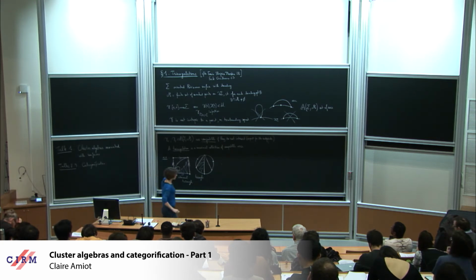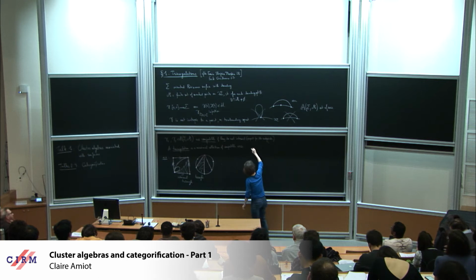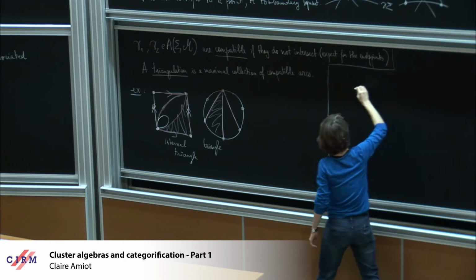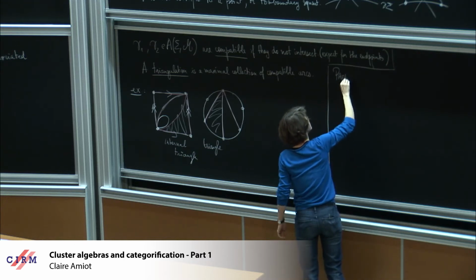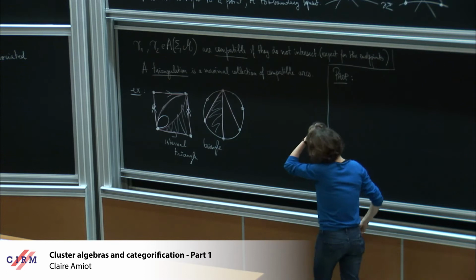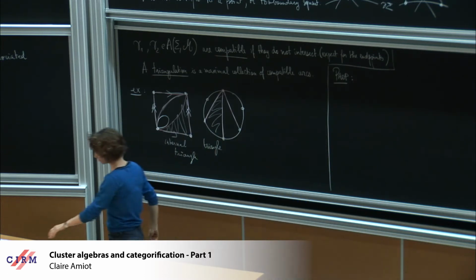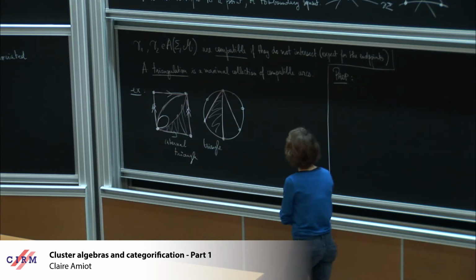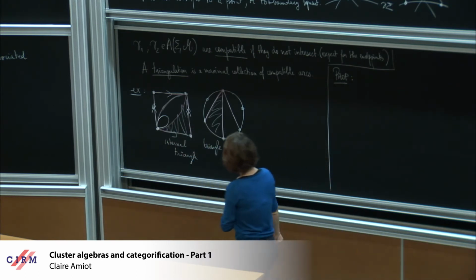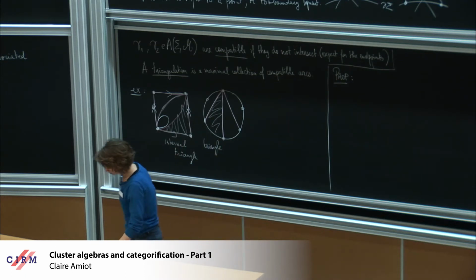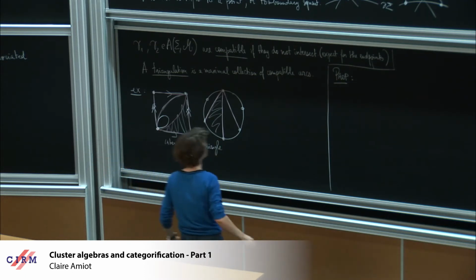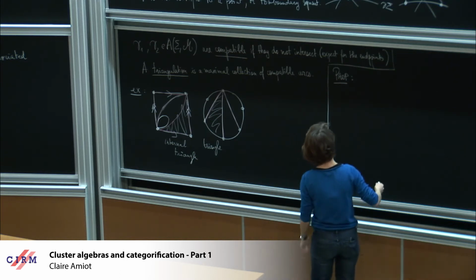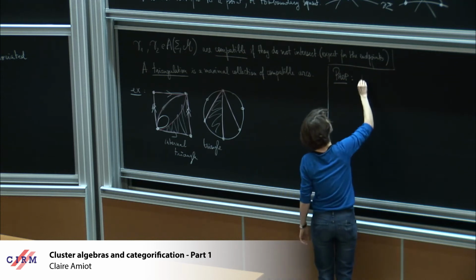Okay, so now maybe very basic facts on triangulations. First of all, a triangulation exists except in the situation where you have a disk with less than 4 marked points, and the number of arcs is always the same.